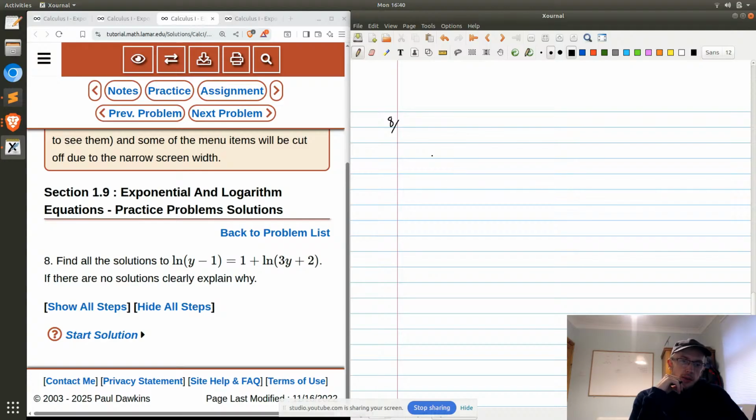You can add logarithms together. So express one as ln of something, sorry, and then factors become multiplied. I believe that's correct. And then take exponentials of both sides.